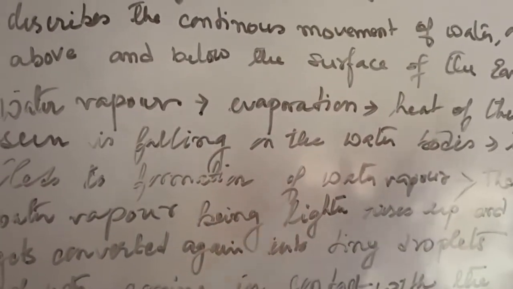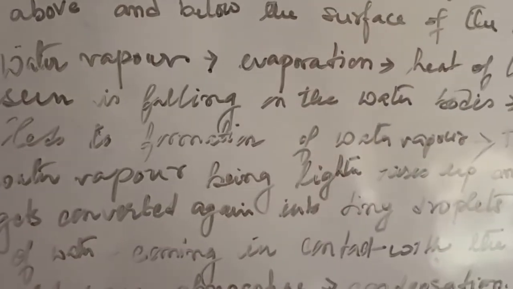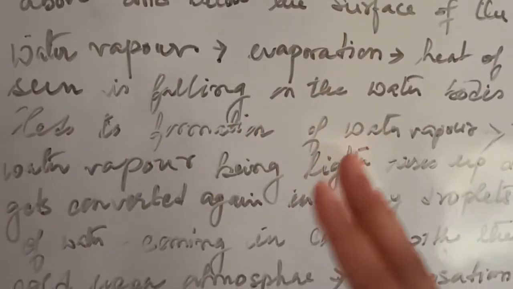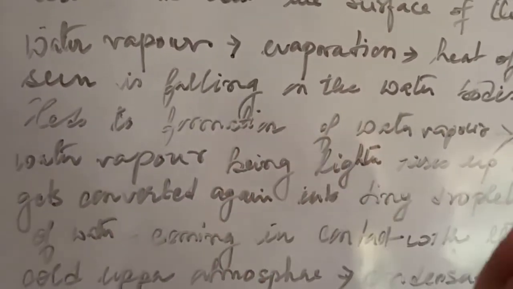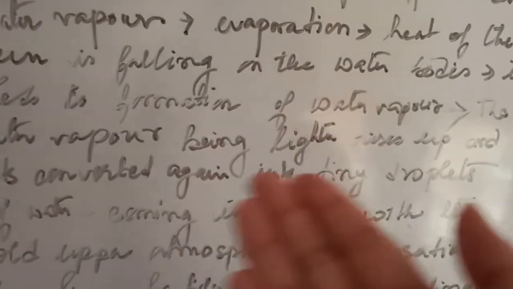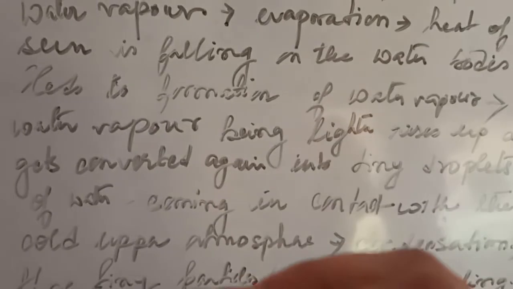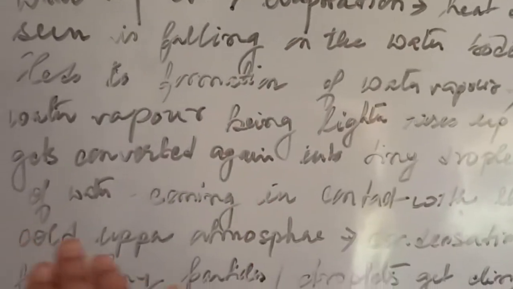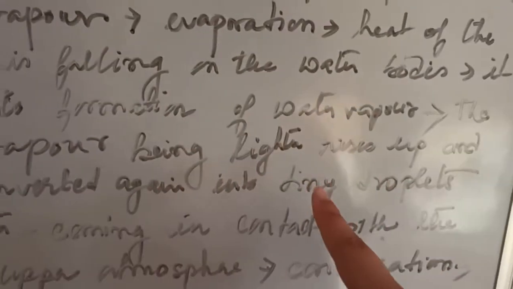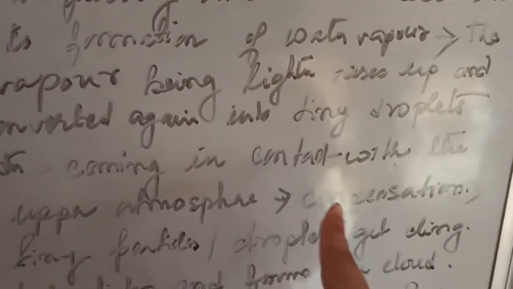This water vapor, being lighter in nature, rises up and gets converted into tiny droplets of water because it comes in contact with the cool upper atmosphere. This process we call condensation.